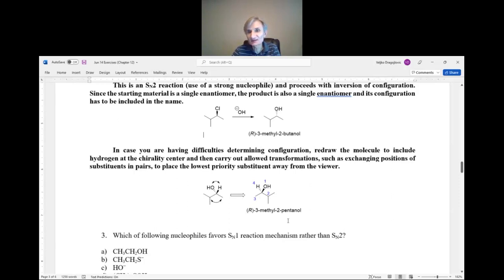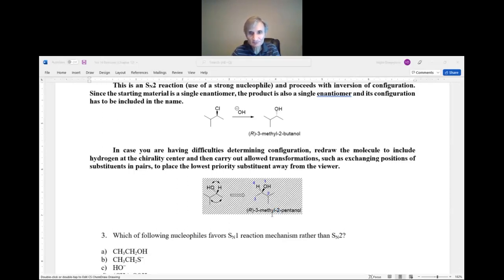And now from the model, you can assign priorities. Oxygen is priority 1, the 2 carbons have the same priority, but then on each of these 2 substituents, isopropyl and methyl, you follow the path of highest priority. So it was carbon versus carbon tie, and then carbon versus hydrogen, not shown, high priority. So it's 1, 2, 3, or R. And again, let me fix this. This is butanol.